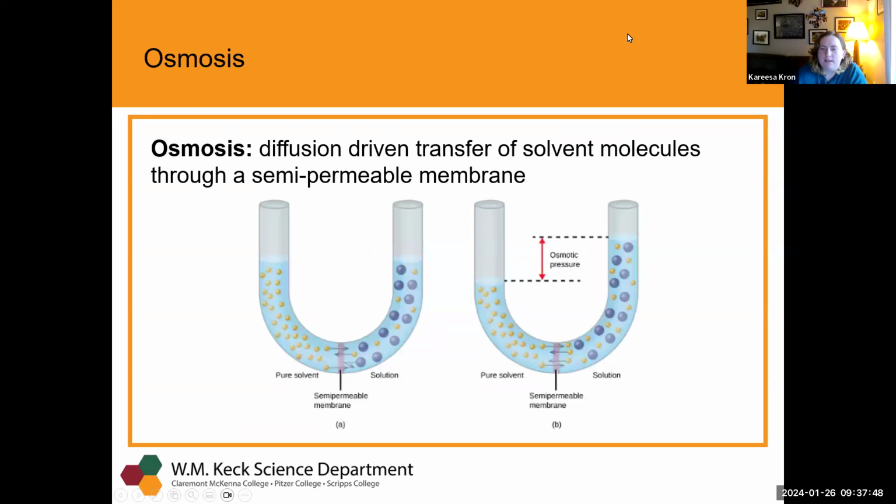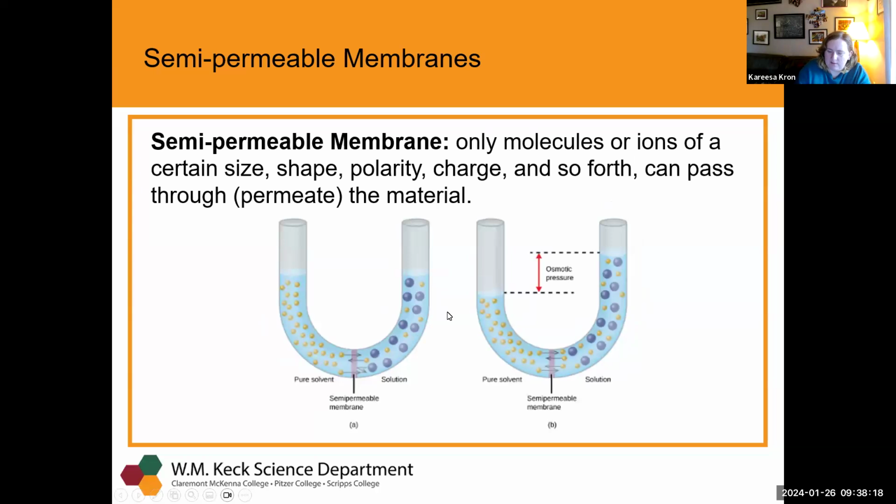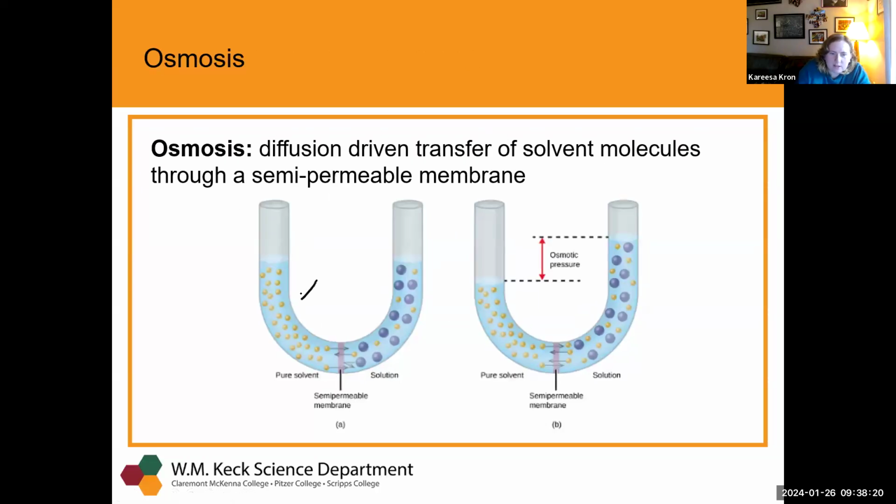Osmosis is a bit of a different process, and osmosis is diffusion-driven transfer of solvent molecules through a semi-permeable membrane. And so what this means is if you start in this image on the left, which is osmosis across some semi-permeable membrane, what you can tell is that on one side of this solution, we have a concentration of solvent.